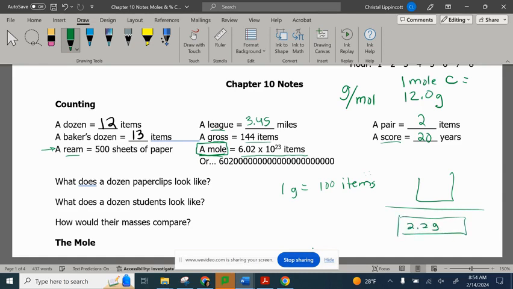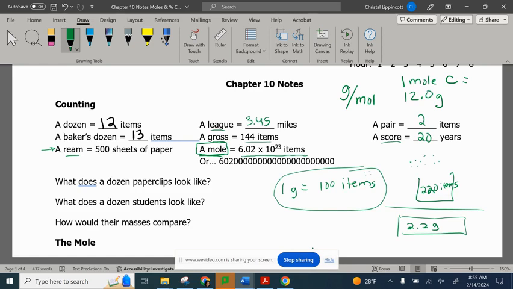How many items do you have in there then? About 200 items. Yeah. A little over 200 items. About 220 items in there. Right? Because 2.2 times 100 would be that. Does that make sense? So you don't actually have to sit there and count each individual item all the way up to 220. You just throw it on the balance, get the mass, and as long as you know this conversion, you're good. That makes sense?